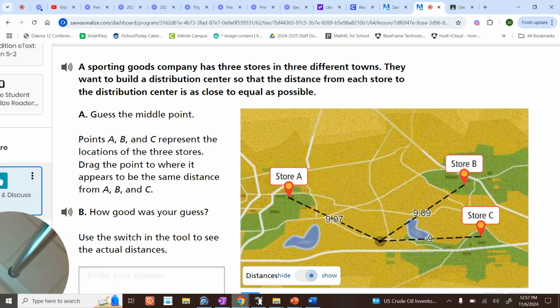Well, what happens is the angle bisector is the same distance from each side of the triangle. It's not exactly in the center, okay?